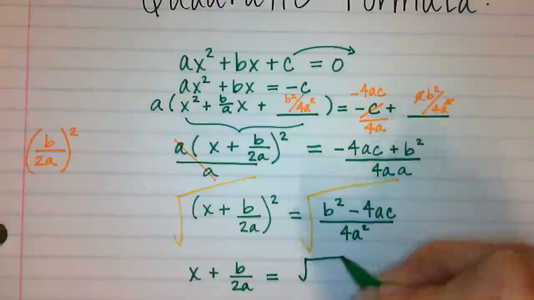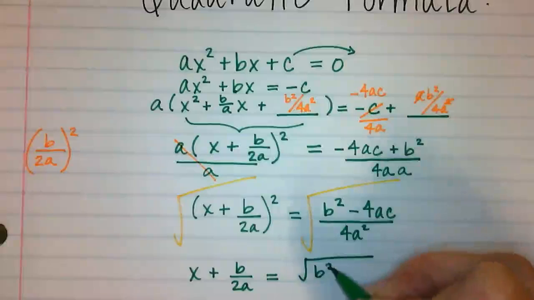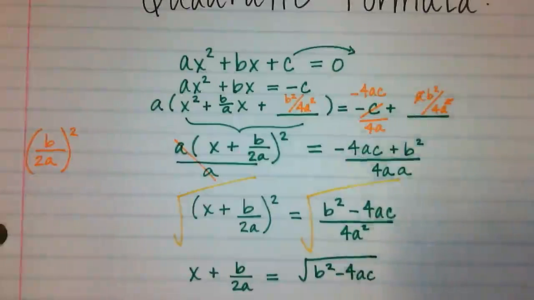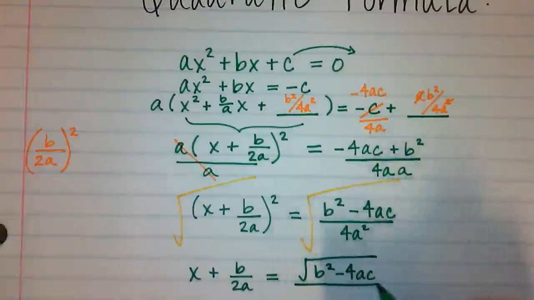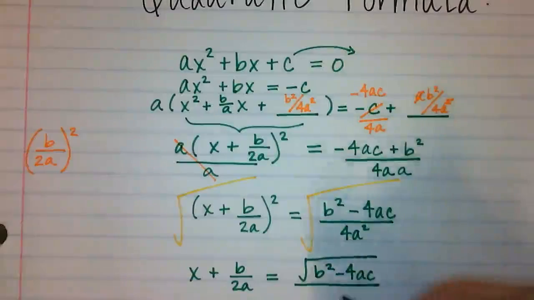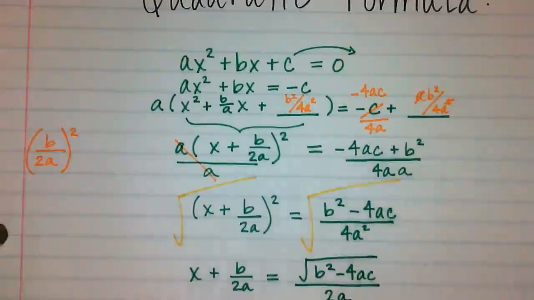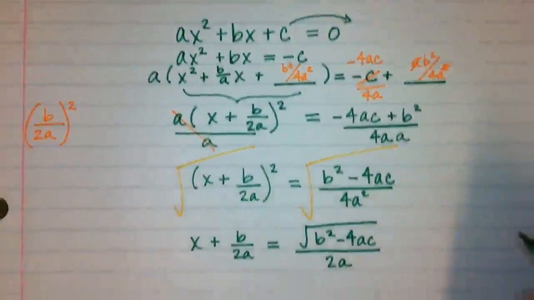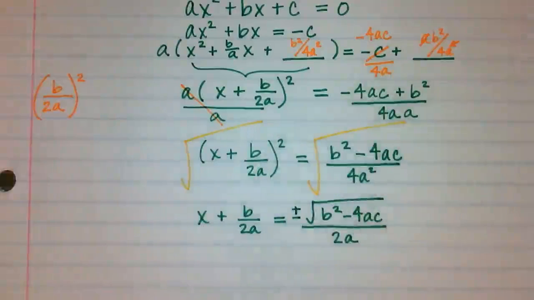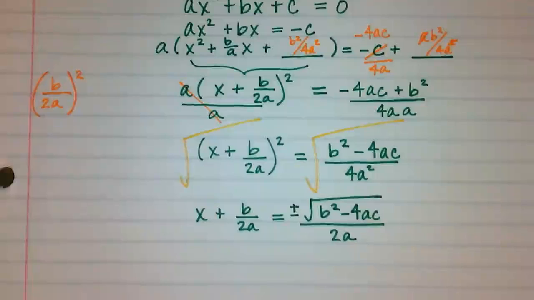I can't really do that because b squared minus 4ac would need to be a single term, and it's not. But I can take the square root of 4a squared, which would be 2a. And don't forget, anytime that we take the square root of something, we have a positive or negative value.